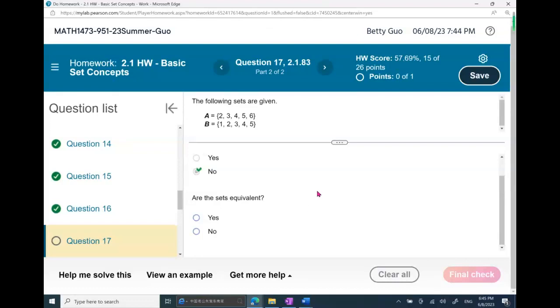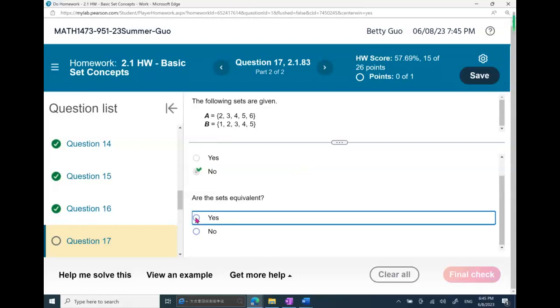Equivalent means they have the same cardinality. They have the same cardinal numbers. Tell me, please, do the two sets A and B have the same cardinal numbers? Yeah, they are equivalent.